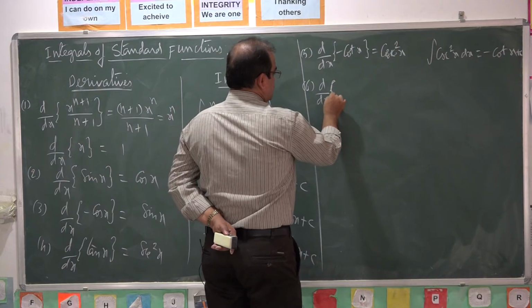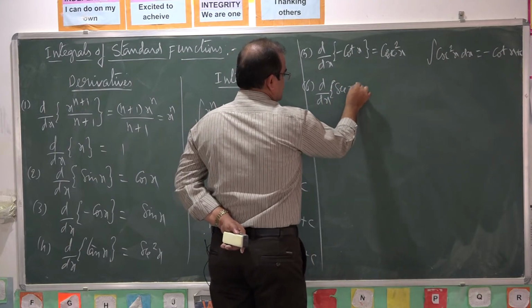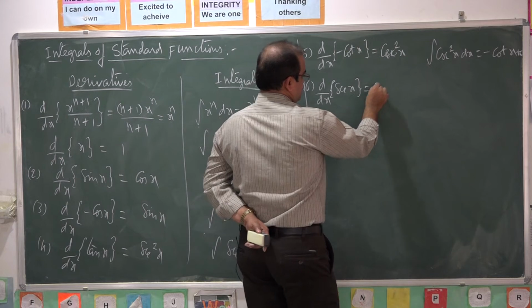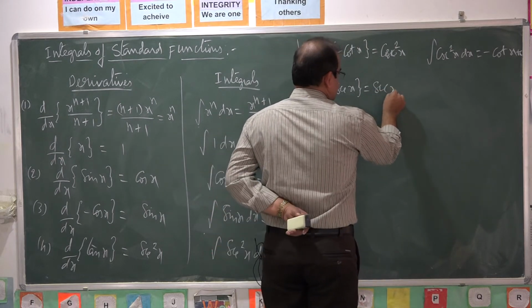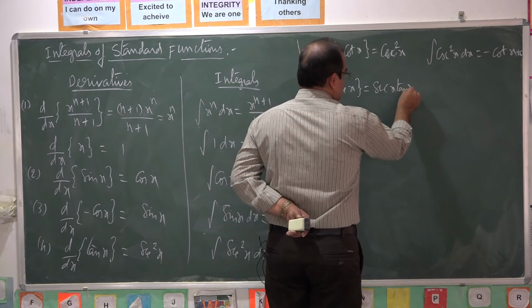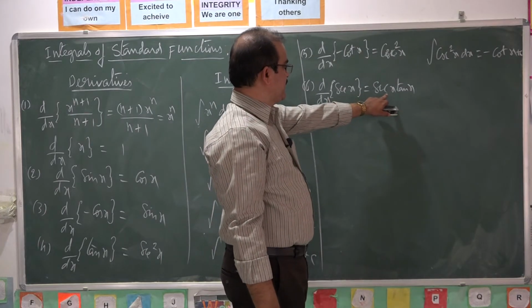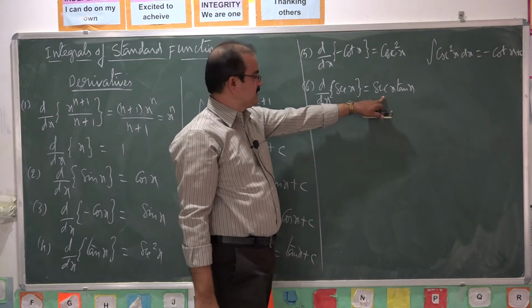d by dx of secant x, that is secant x into tan x. Derivative of secant x is secant x into tan x.